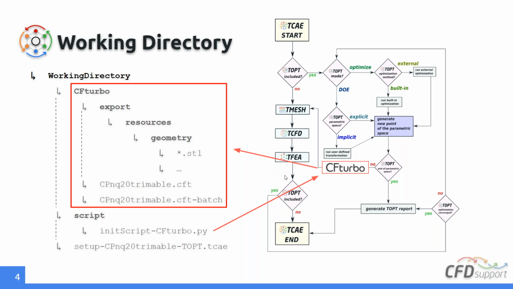After it generates and exports the STLs, basically the geometry in STL format, it stores them in the same place, because it is defined there in the configuration file of CFturbo or in the project file. So when it is done, the TCAE loop can continue, and it automatically loads the new STLs from the given path.